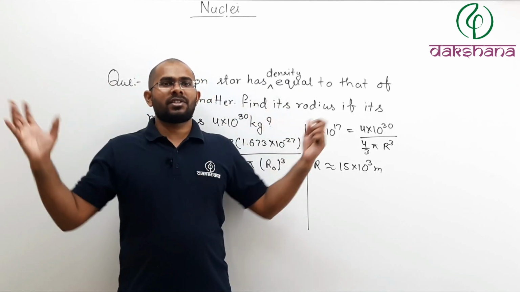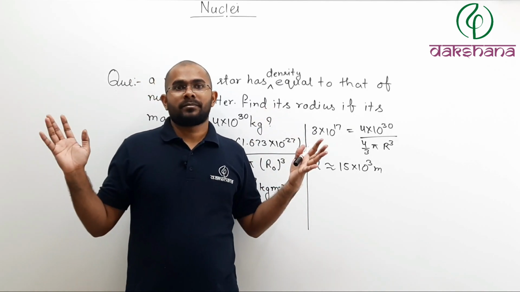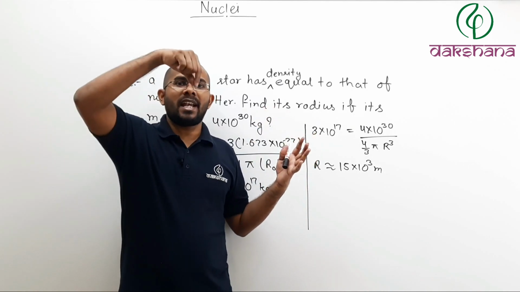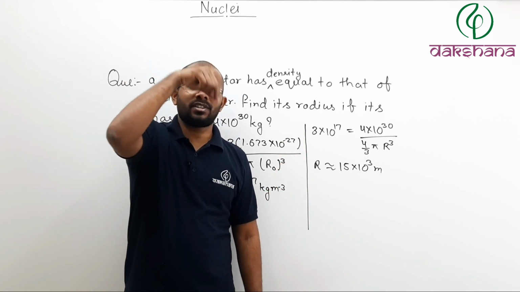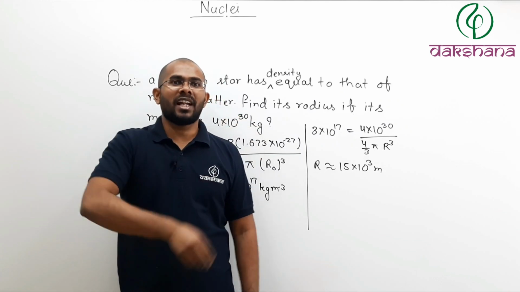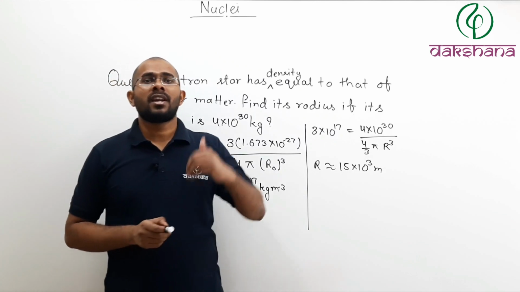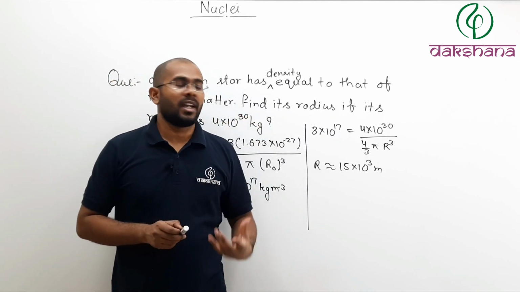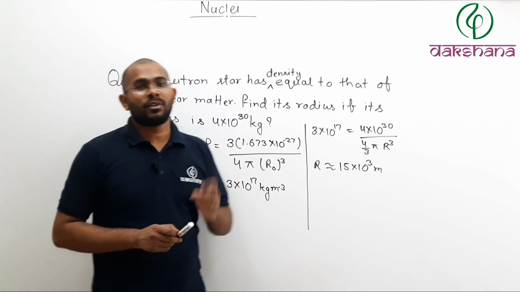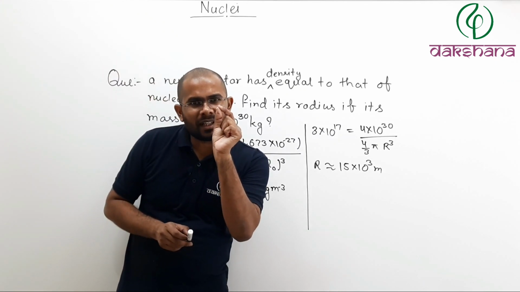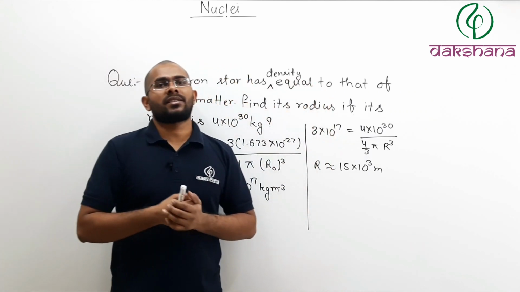If you take a cricket stadium to be your atom, then a particle of sand at the center of the stadium, at the pitch, is your nucleus. That's how small your nucleus is compared to the stadium, and in that tiny particle all of the mass of the atom is compressed.